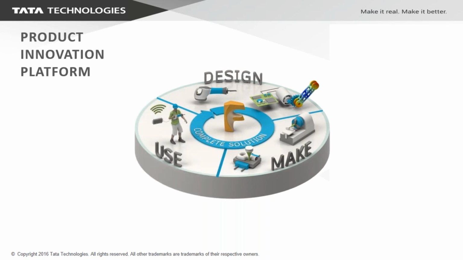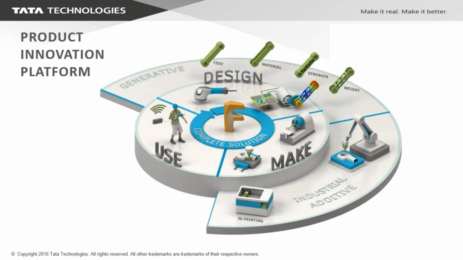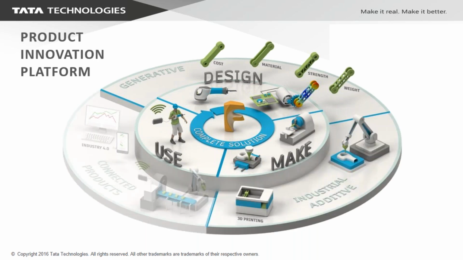These break out into a complete solution that includes generative design technologies, then also additive manufacturing and 3D printing, and more Internet of Things type capability that incorporates technology from things like Fusion Connect. So Fusion Lifecycle is kind of at the center of all this to manage the data, not only on Autodesk's Fusion platform, but from any other product lifecycle management perspective as well.